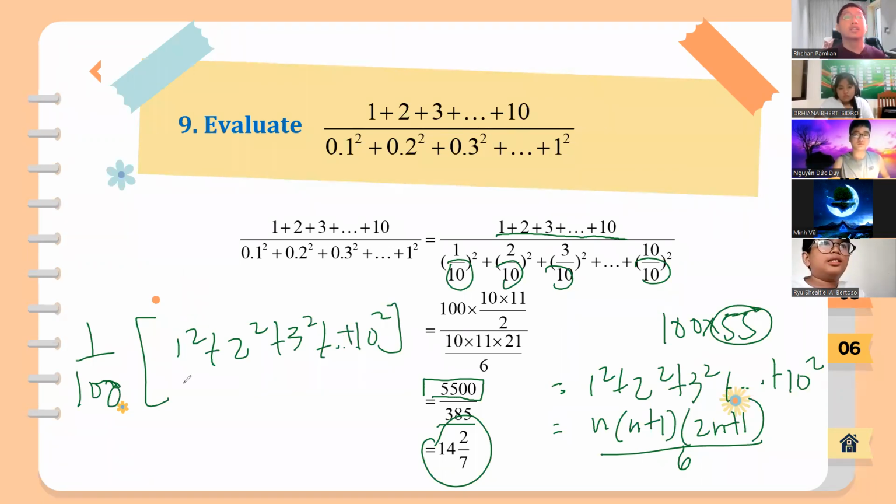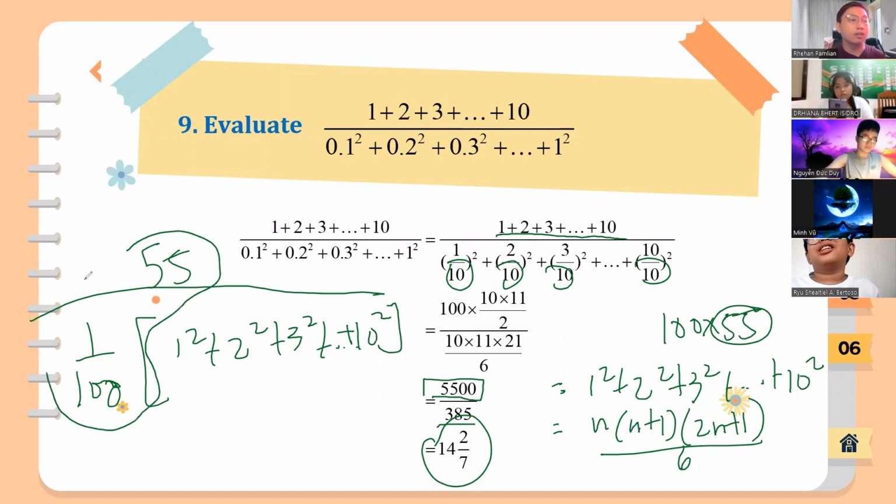And since it's in the denominator and you have 55 on the numerator, look at this part, 55 over 1 over 100, that's 55 times 100, correct? Because it's just a reciprocal problem. So 1 over 1 over 100 is 100. Okay. So any other question? None. So we proceed to the next one.